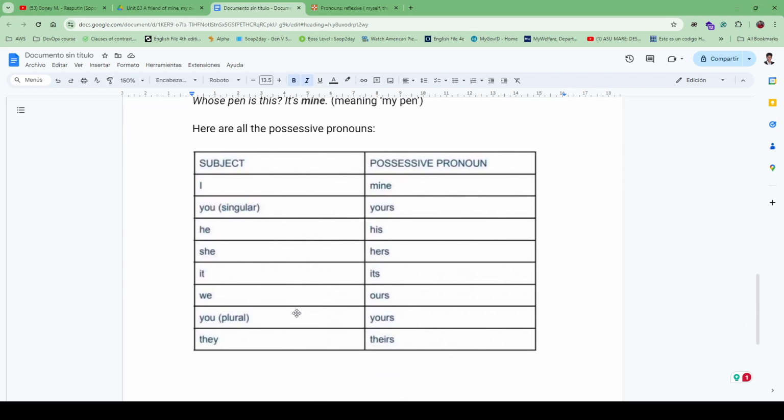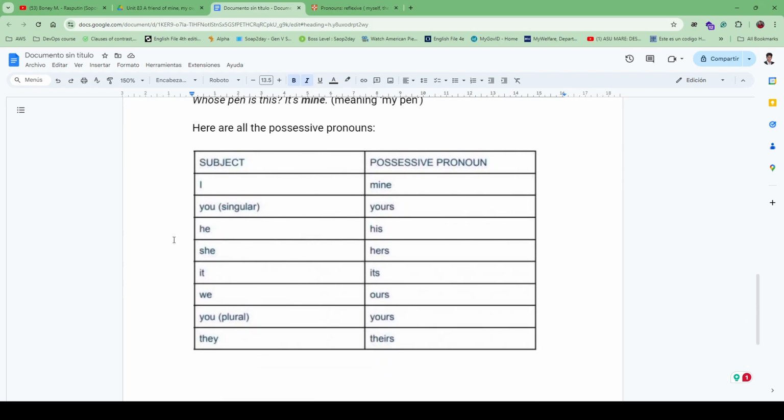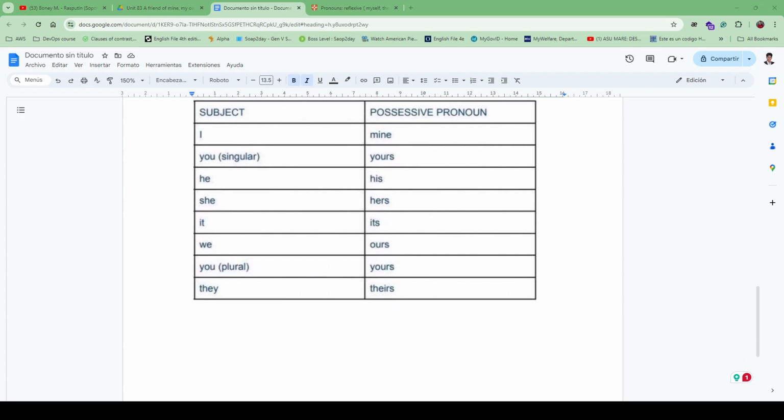For example, for each subject we have a possessive pronoun: I, mine; you, yours; he, his; she, hers; it, its; we, ours; you, yours; they, theirs. Remember, that's different: you as singular and you as plural. So let's go back to the unit.